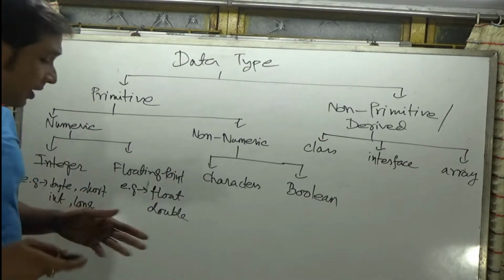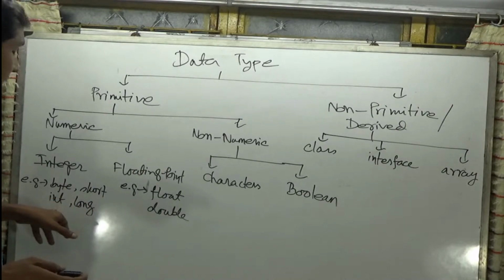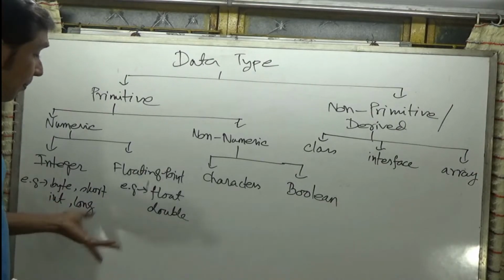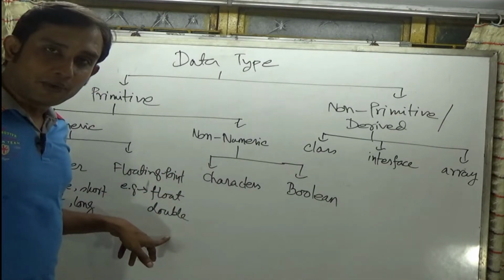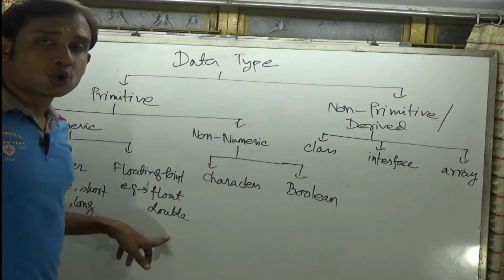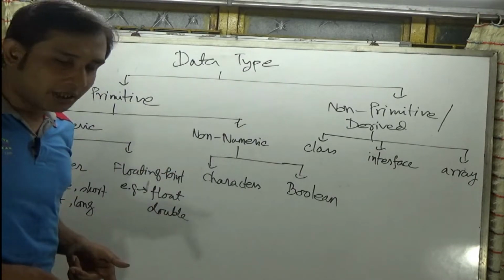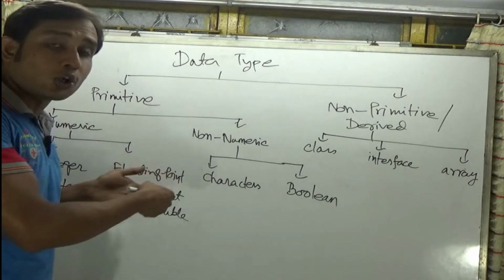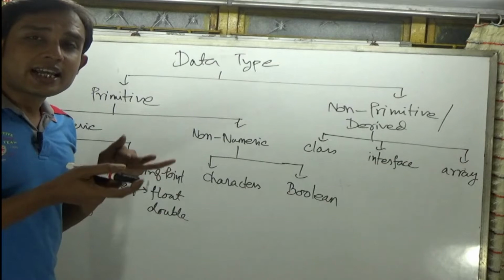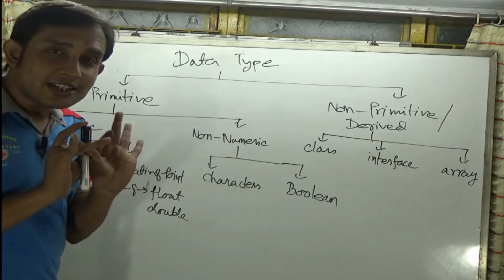So if I store 10.5, it can hold only 10, not 10.5. But float and double can store 10.5. And if I store 10 in a floating point variable, though it is an integer number, it is actually stored as 10.0, not only 10.